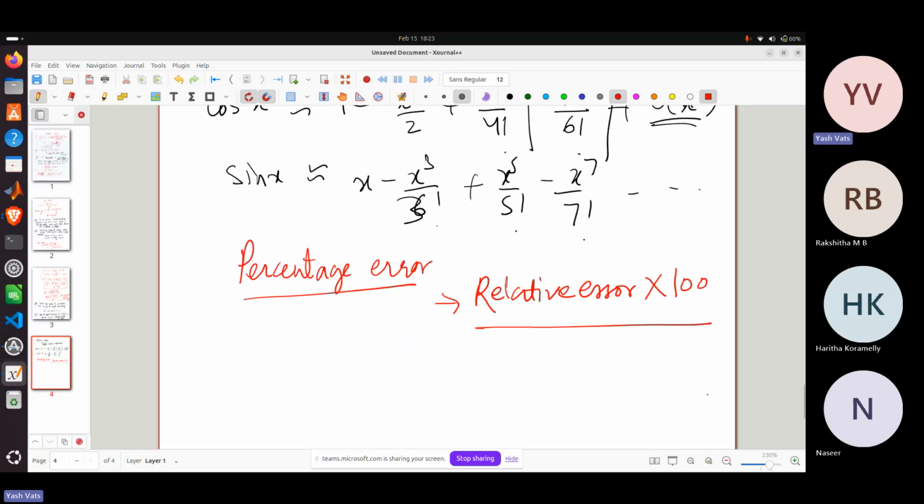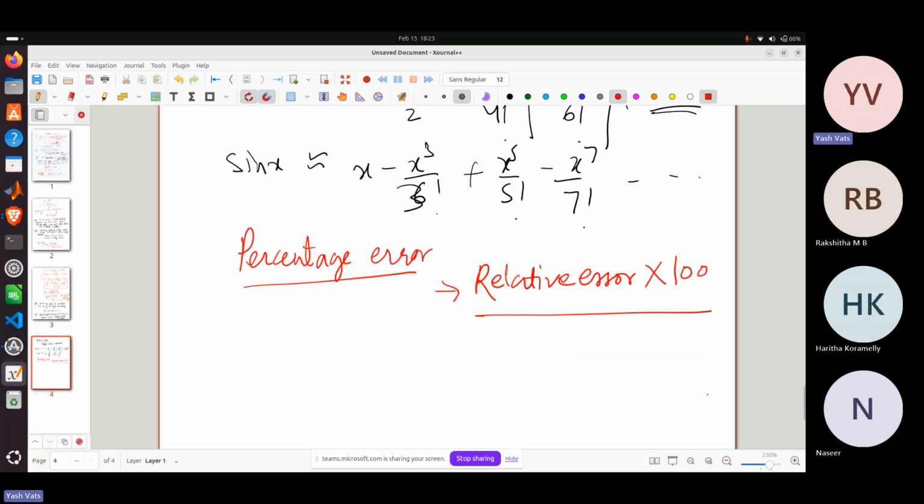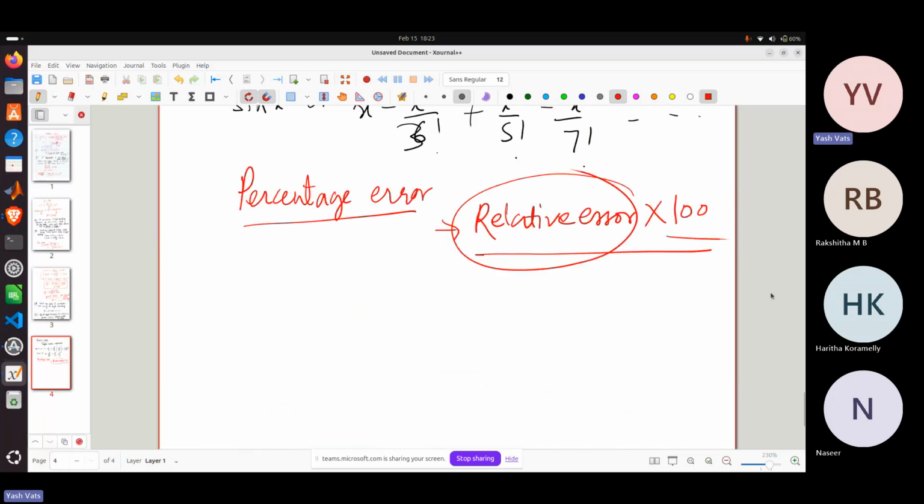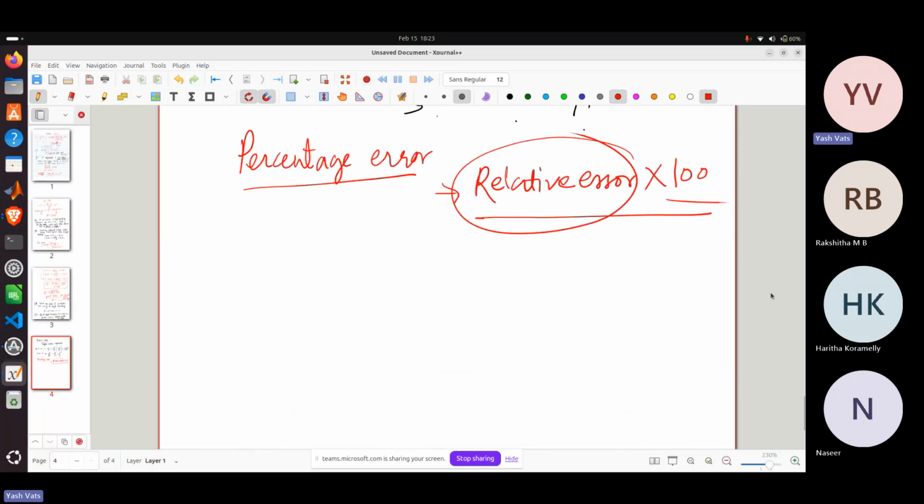It will give you the error in terms of percentage. If the question asks for percentage, just calculate the relative error and multiply by 100. So these three types of errors I wanted to discuss today: rounding, chopping, and these. That's all done. If you have any questions or doubts, just ask me now.